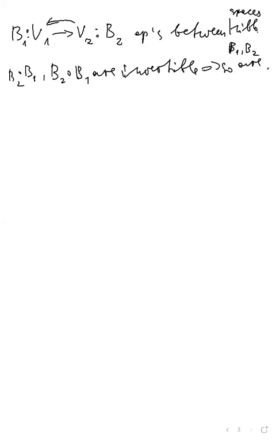I guess if, for example, B1 is not invertible, it might have a kernel or it's not surjective. So if it has a kernel, then B2 composed with B1 is not invertible, and vice versa. We get a contradiction this way.